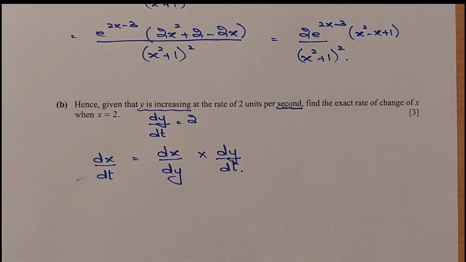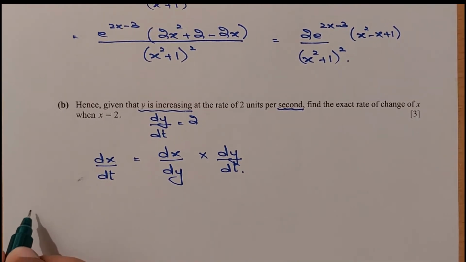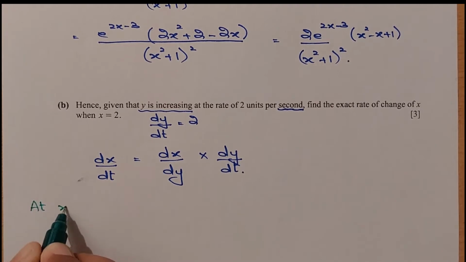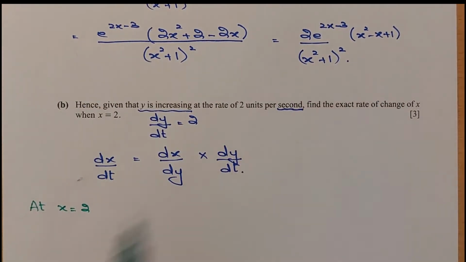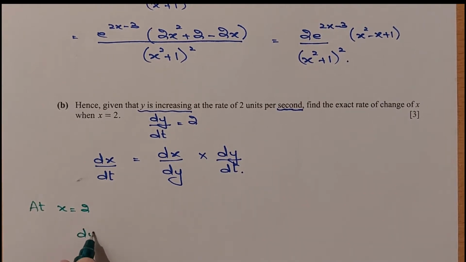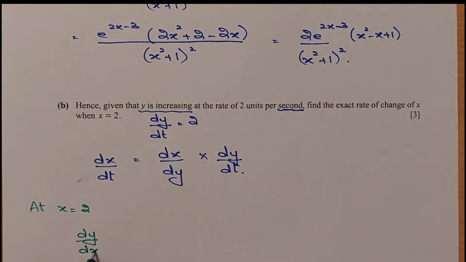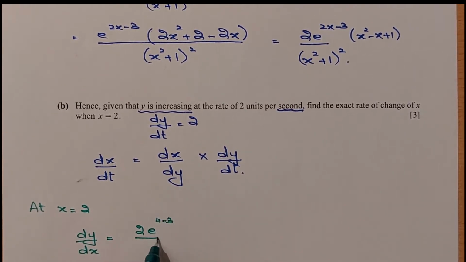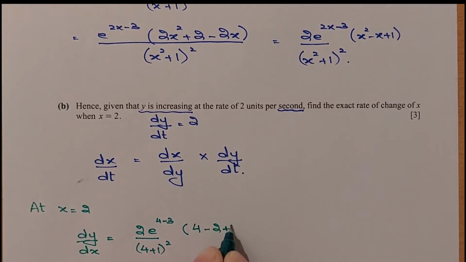Okay, at x equals 2, we have dy/dx equals 2e^(4-3) divided by (4+1) whole squared, times 2 squared is 4, minus 2 plus 1.